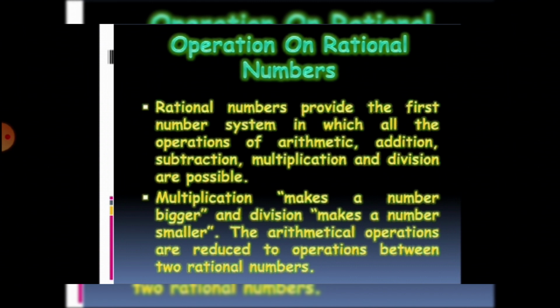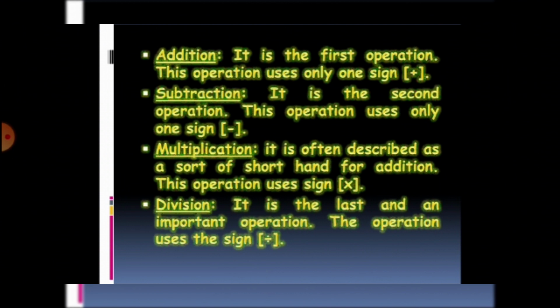Now, operations on rational numbers. Rational numbers provide the first number system in which all operations of arithmetic, that is addition, subtraction, multiplication and division, are possible. Multiplication makes a number bigger and division makes a number smaller. The arithmetical operations are reduced to operations between two rational numbers. Addition is the first operation.